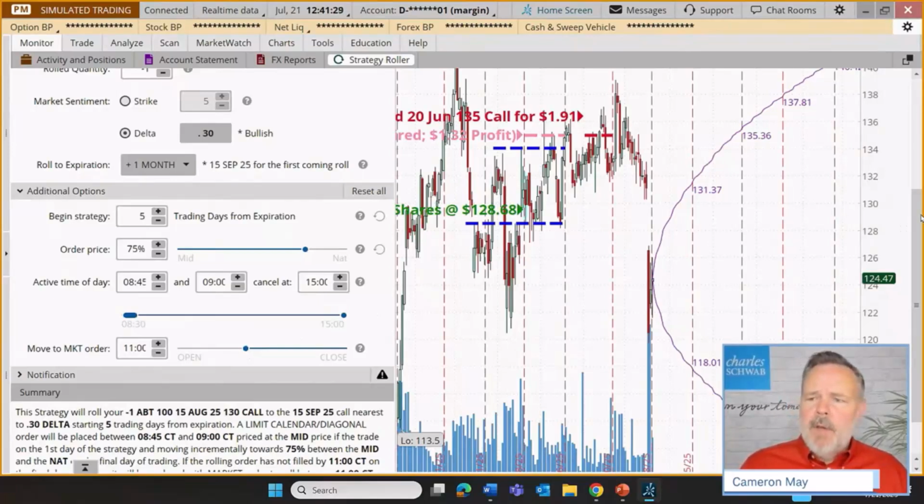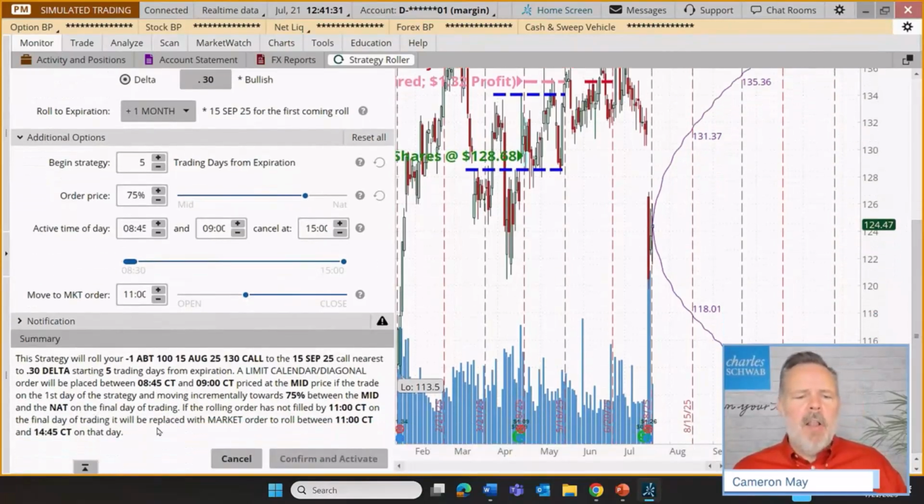There we go. So now finally, if we have it all outlined the way that we prefer, we can look down here and it gives us a summary, in very clear, clean language. This strategy will roll your ABT 15th of August 130 call, and it'll tell us it's selected an expiration closest to 1 month out. That would be the 15th of September call, nearest to the 30 delta, starting 5 days from expiration.